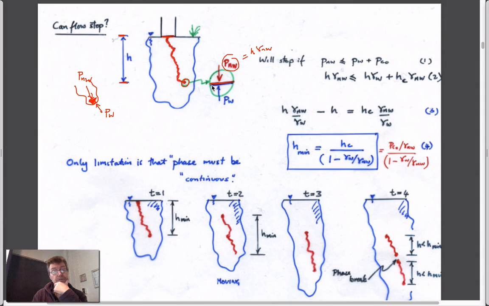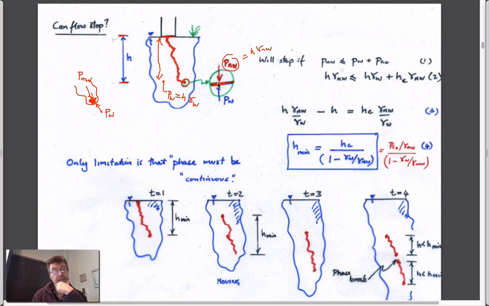But if we go to this point here, then we know that the pressure at this point in the blue fluid is going to be the same height, but multiplied by the unit weight of the wetting fluid, water in this particular case. It doesn't care that there's a porous medium there and it's going through the pore space. It's just the same as if it's in a swimming pool.